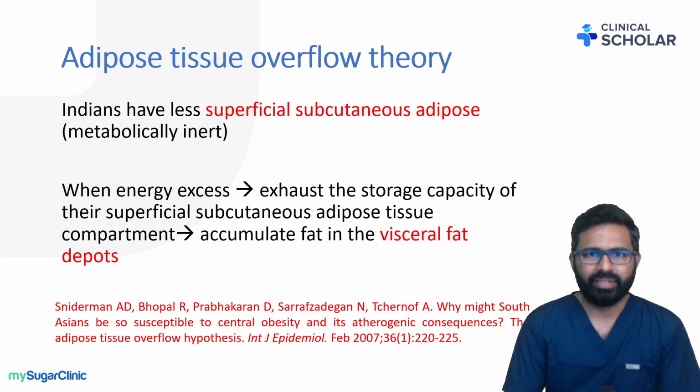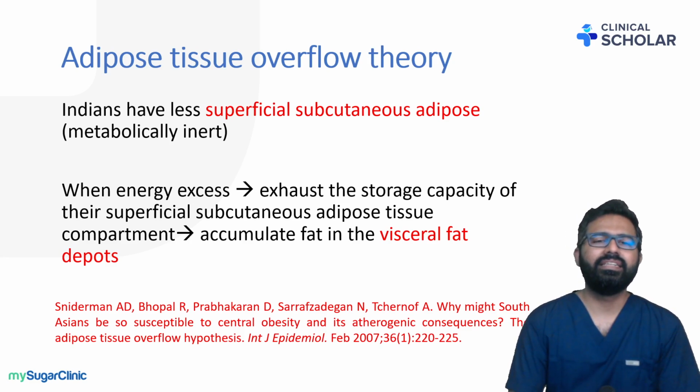What will happen if Indians overeat, but do not have adequate physical activity? All the energy or calories taken by overeating will get converted to fat, and this fat needs to be deposited in the adipose tissue.